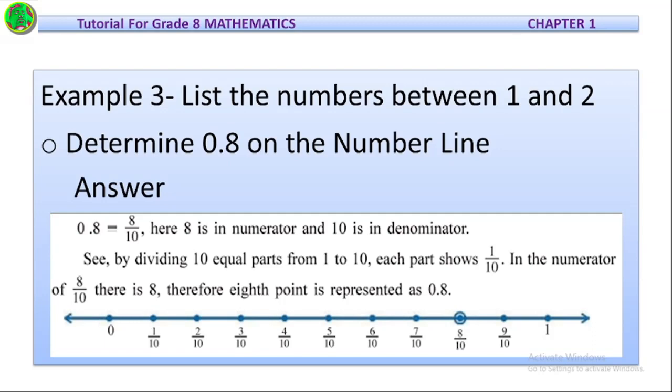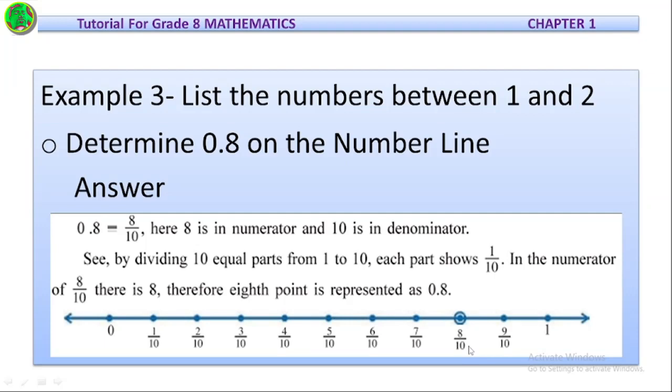By using this unit, we can divide into 10 equal parts, because the decimal value 0.8 is converted into the fraction 8/10, which means the denominator indicates the unit is divided into 10 equal parts. So we can count and locate the place where 0.8 or 8/10 is indicated. So this is the way.